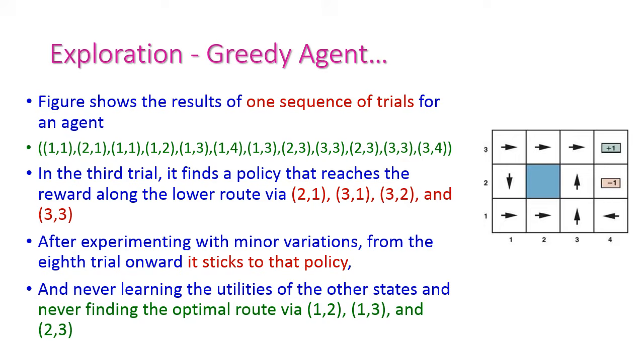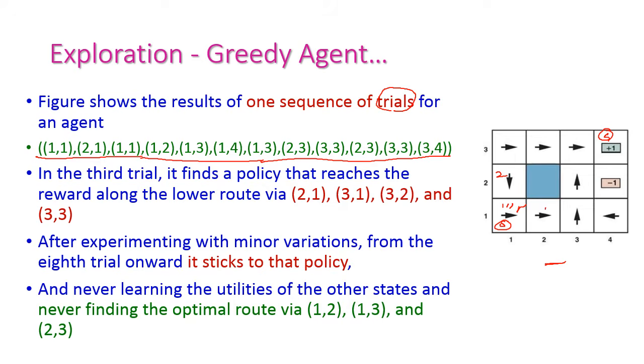This diagram shows one sequence of trials for the agent to find a route from the starting state to the goal state. The trial starts from this path. The path is like this: 1,1. After that, 2,1, again 1,1.